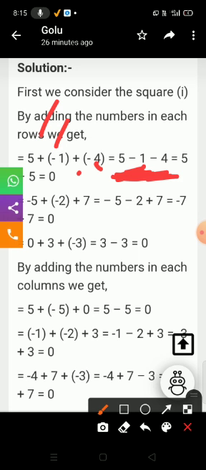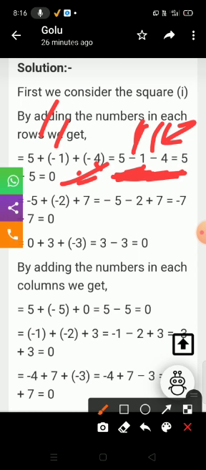You can solve from the other side also: 4 minus 1, minus and plus means 5, and 5 minus 5 is 0. Very easy.